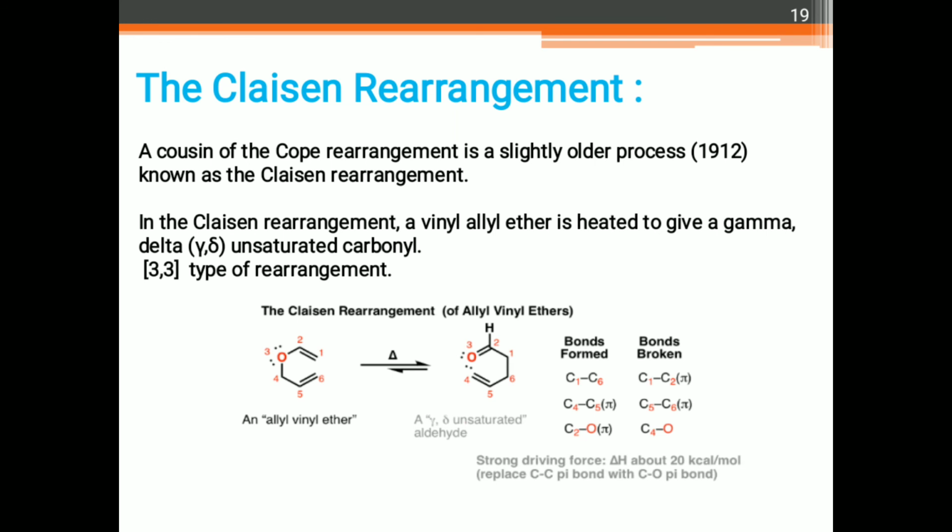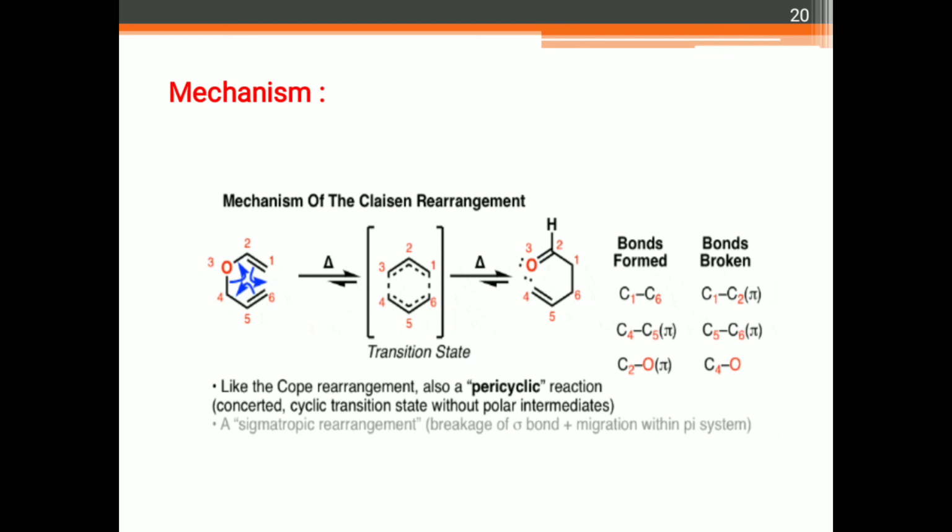In this reaction, the pi bonds between C1 and C2 and between C5 and C6 are broken, and the sigma bond between C4 and oxygen is broken. The C1 and C6 sigma bond is formed, and the C4 and C5 and the C2 and oxygen pi bonds are formed. Here is the mechanism of the Claisen rearrangement with the transition state.